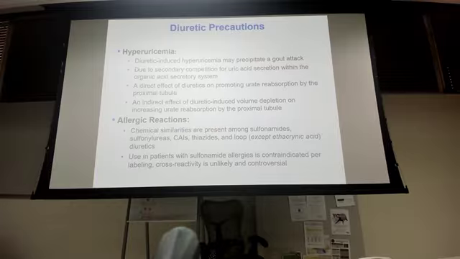Diuretics also, as we've discussed, and you had to check on learning on it, cause hyperuricemia. Hyper, too much, uricemia, not urine, right? Uricemia, uric acid, gout. We also talked about earlier the competition at the organic acid transporter.